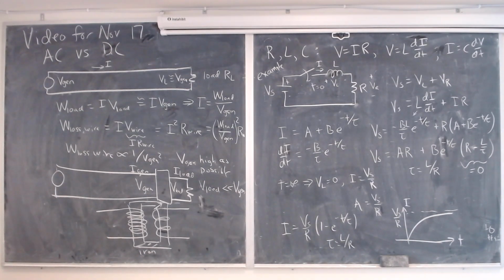And now if you look at this, this is a coil, so I know that V is equal to L di/dt.